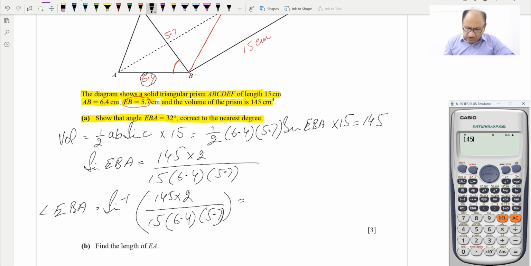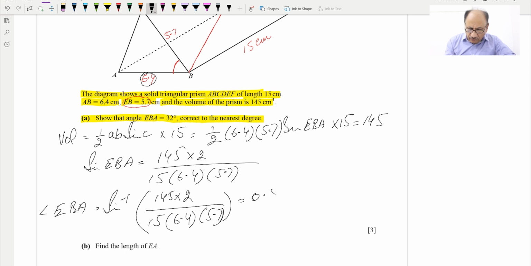We need to take the fraction first, and then 145 into 2 over 15 multiplied by 6.4 multiplied by 5.7, and this is equal to 0.52997.